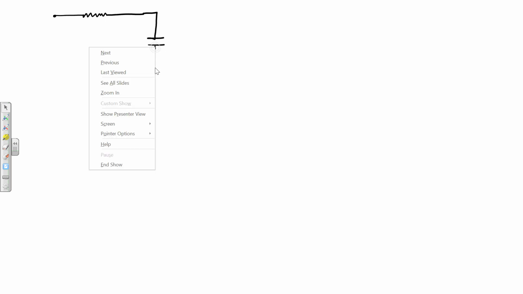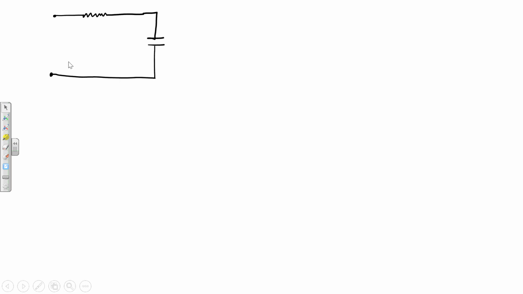So let's do this circuit. We've got a resistor. We're going to go down here to a capacitor, like that. Okay. And then we're going to have another resistor, another capacitor.